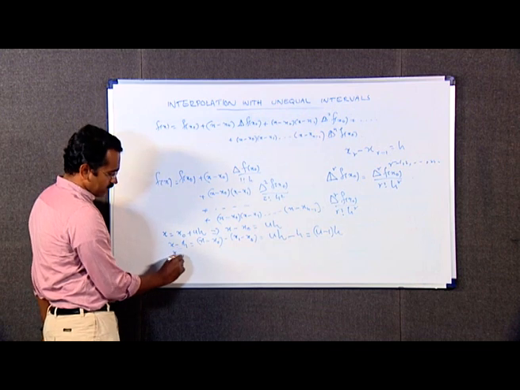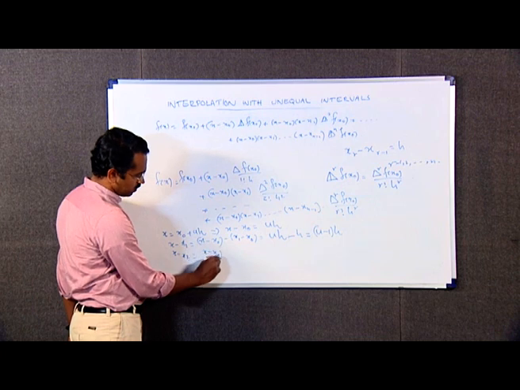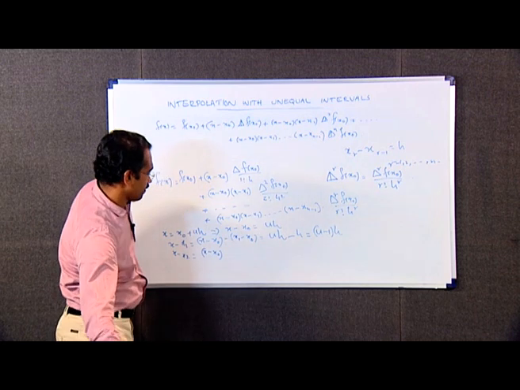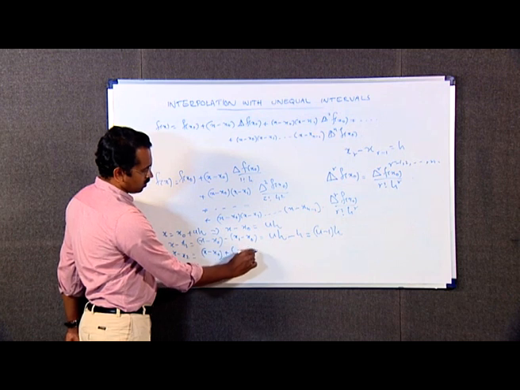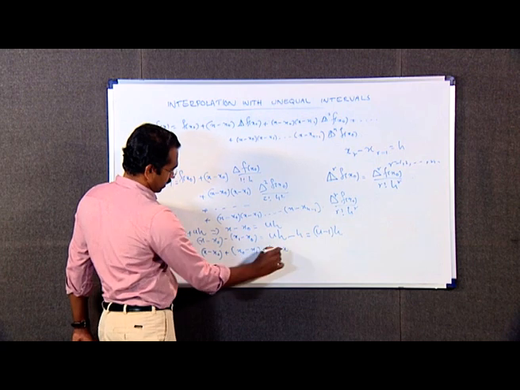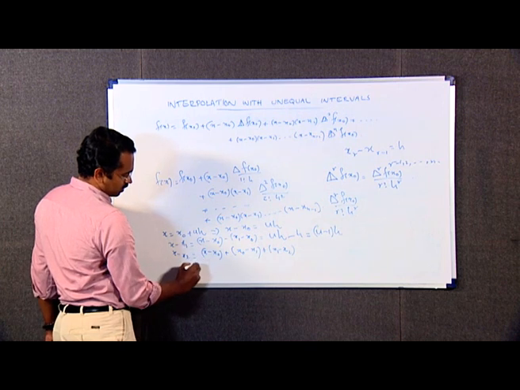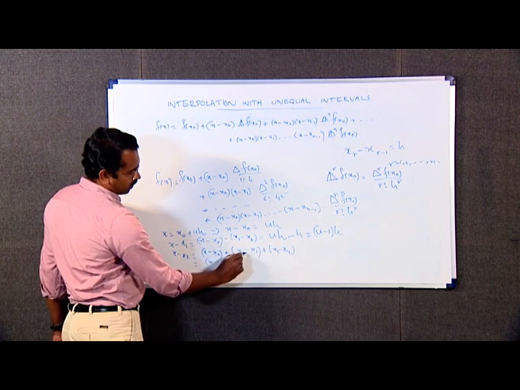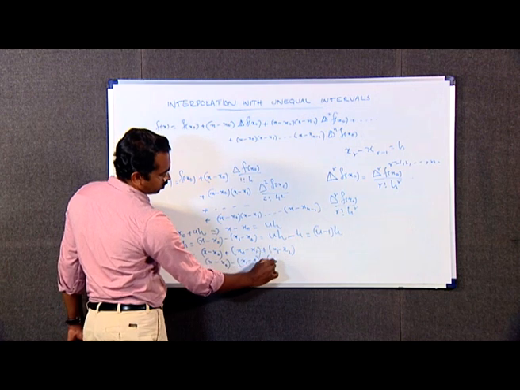Similarly, x minus x 2 can be written as x minus x naught plus x naught minus x 1 plus x 1 minus x 2, or this can be written as x minus x naught minus of x 1 minus x naught minus of x 2 minus x 1.